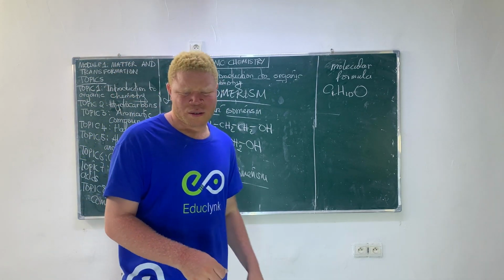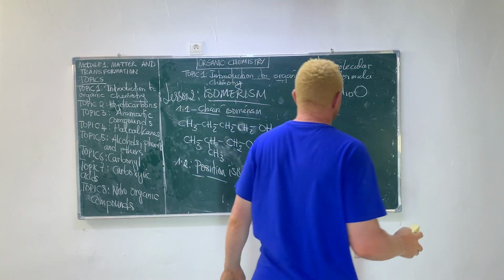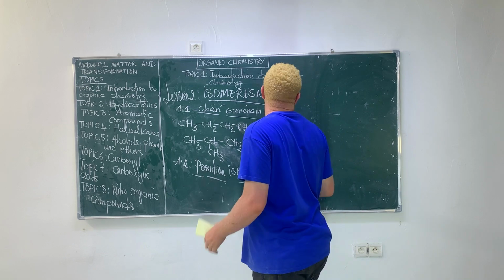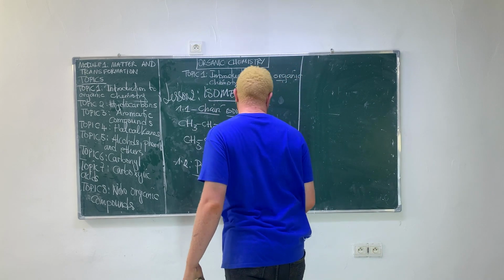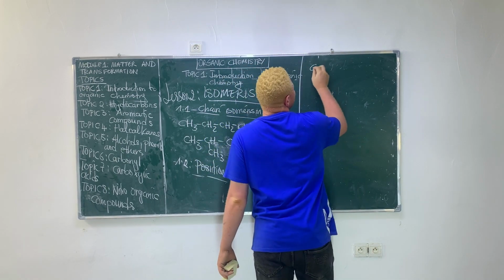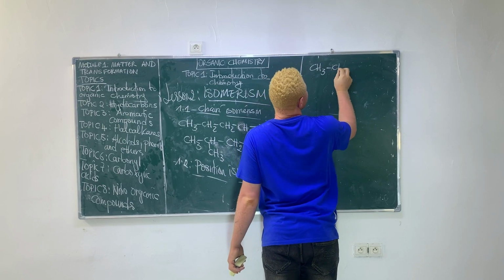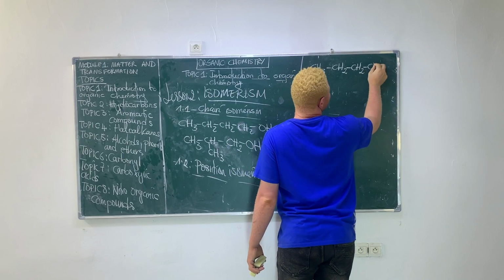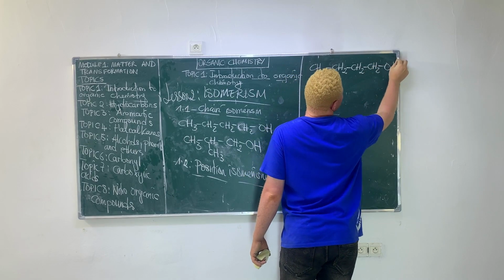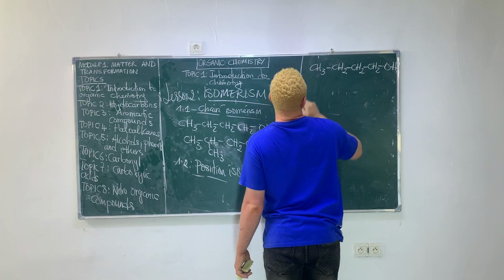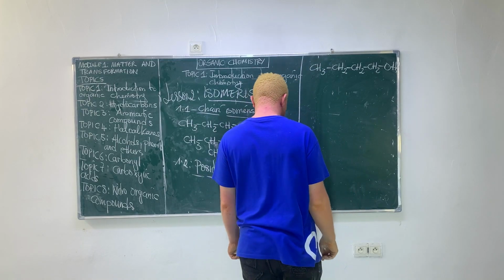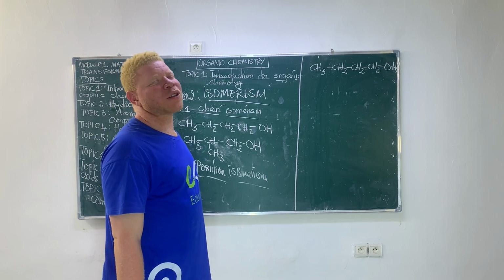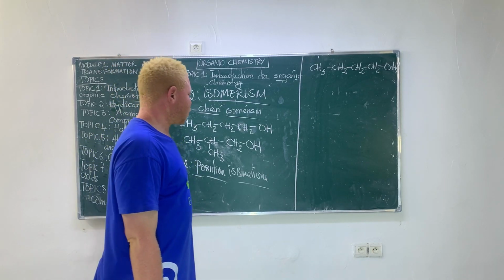So we write the chain with the OH at the end. Then, to have the other isomer, we change the position of the OH group.